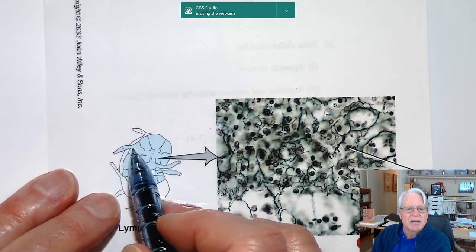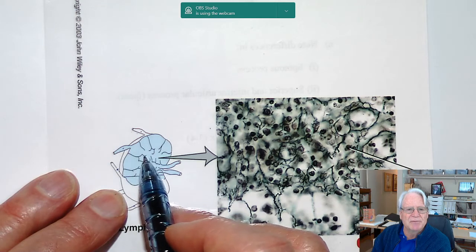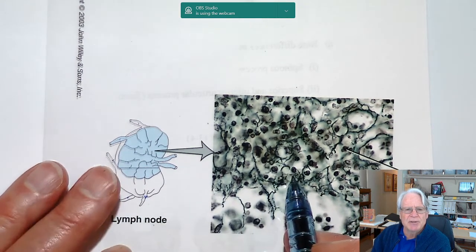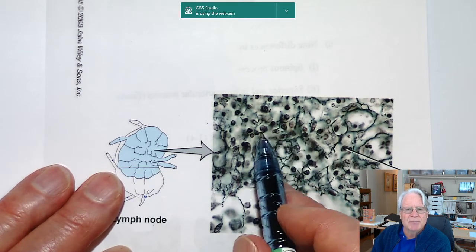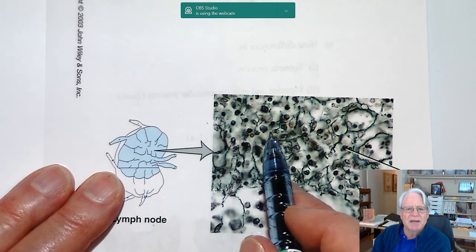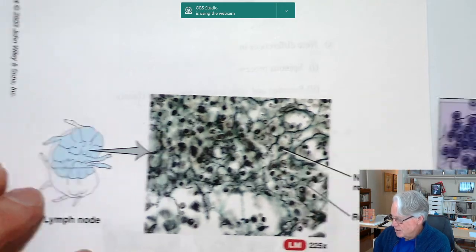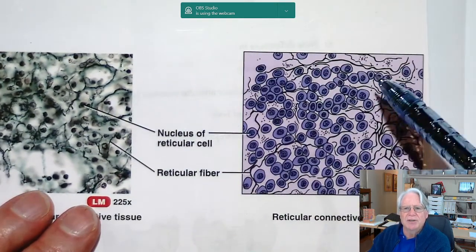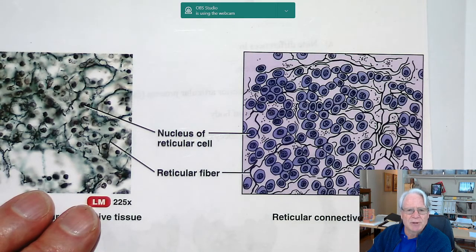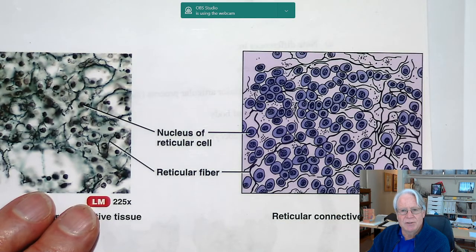So fluid's coming in, and then the reticular fibers are going to slow the movement of that fluid, direct the movement of that fluid. So as it flows over the cells of the immune system, you have an opportunity to intercept any pathogen that might be in that fluid with a cell that's capable of recognizing that pathogen, and then you can start an immune response to that pathogen. So you get this kind of structure here with the fibers and the cells dispersed within the fibers. Okay, so that's your reticular connective tissue.